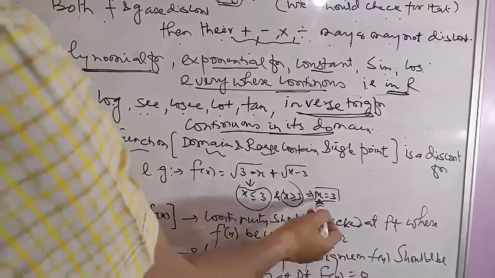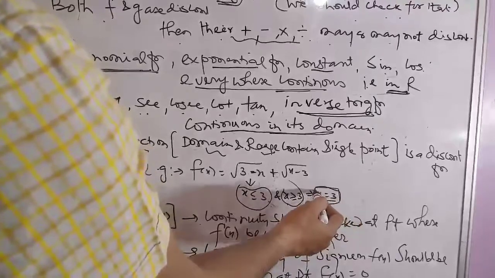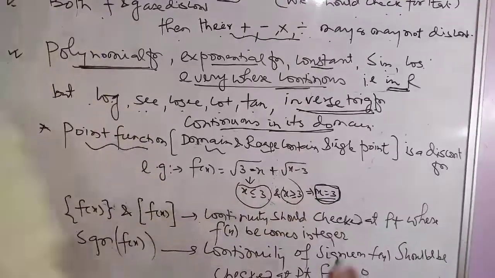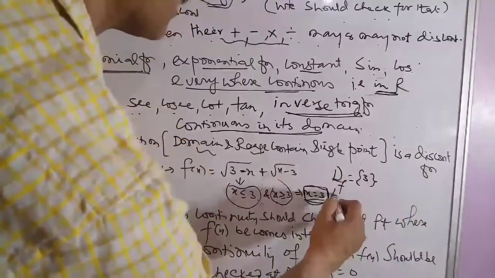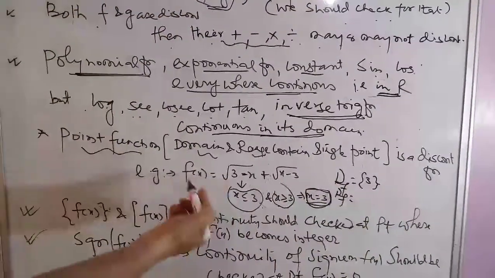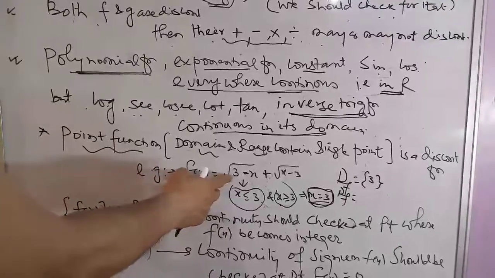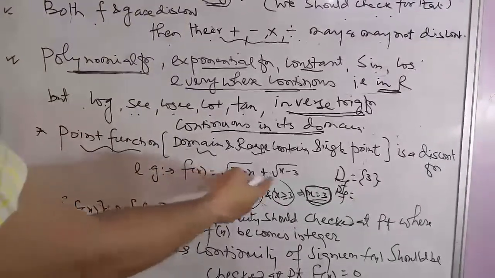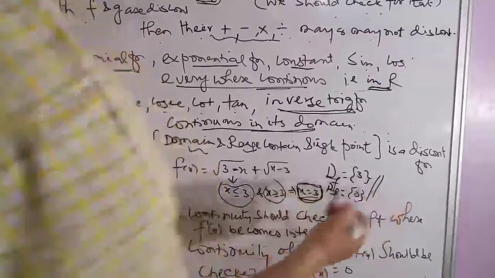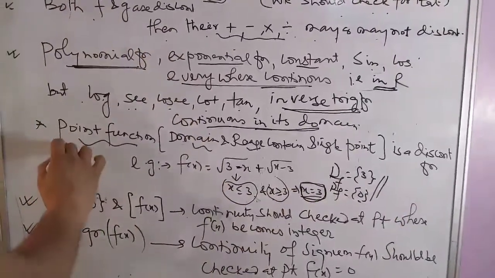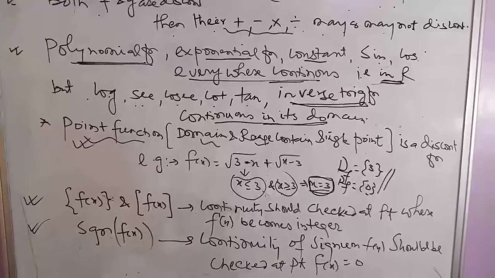Combining these two, we have x equal to 3, only one point in the domain. Putting x equal to 3, the first term becomes 0 and the second becomes 0, so the range contains only 0. A point function is always a discontinuous function.